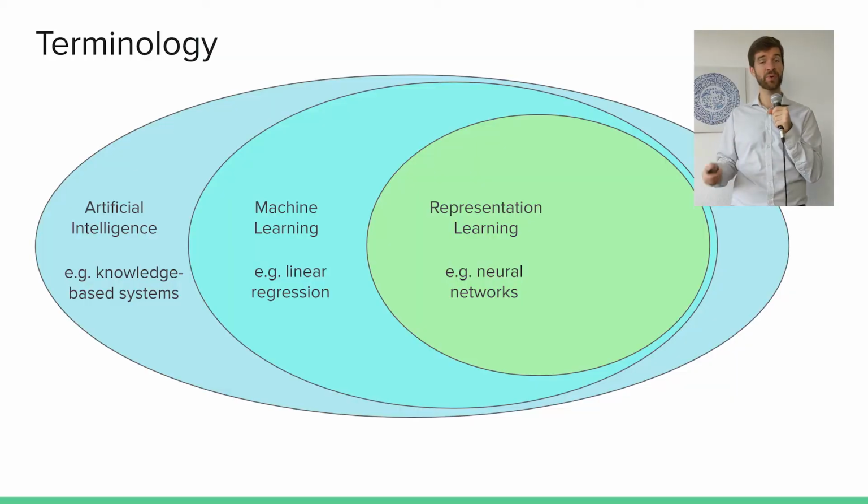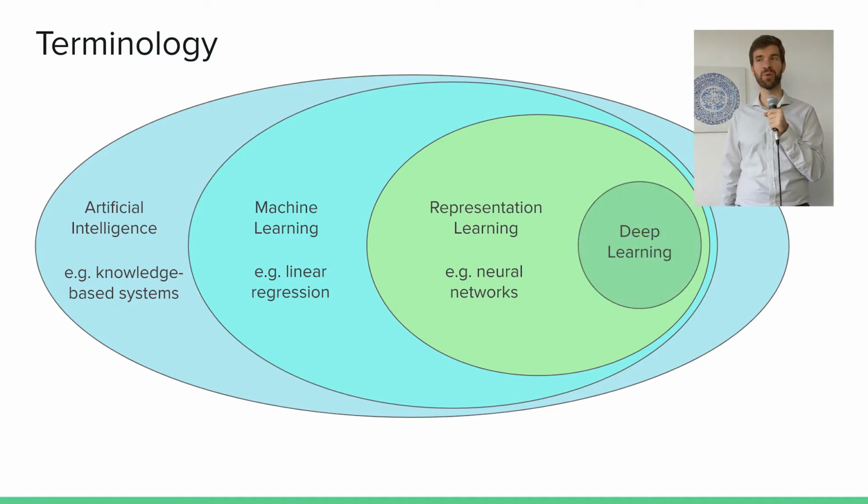So what we try to do here is come up with a certain set of features that allow us to efficiently answer certain questions. And within representation learning, there is even one more subcategory, which is deep learning. So we're probably mostly dealing with neural networks here.